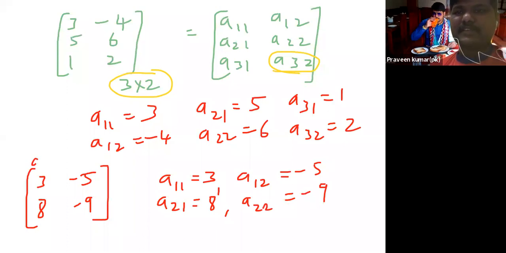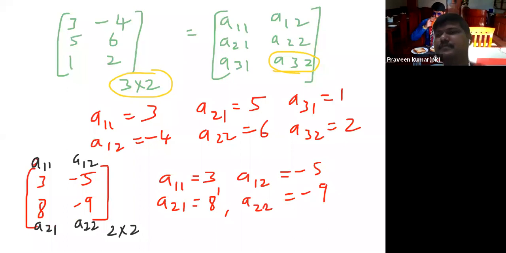This is called A11. This is called A12. This is called A21. This is called A22. What is the order of the matrix? 2 cross 2. Correct? So this is called representation of a matrix. We are representing each and every element of a matrix by using A11, A12, A21, A22 like that. Okay. Write these two examples, everyone.